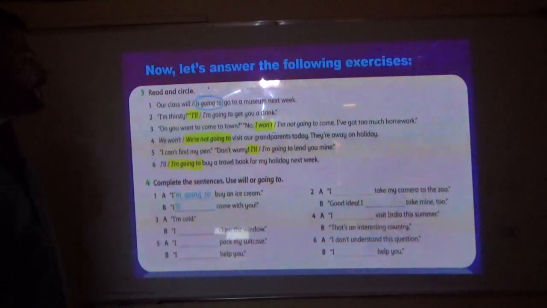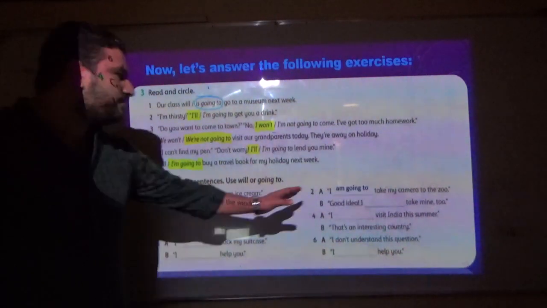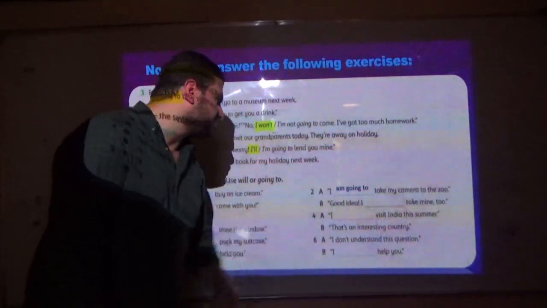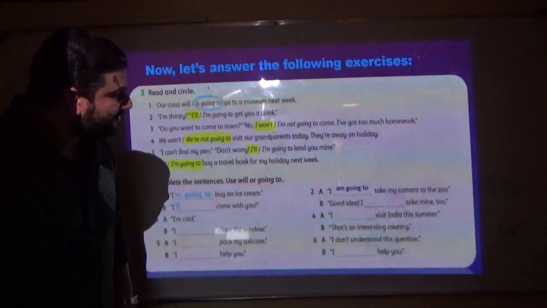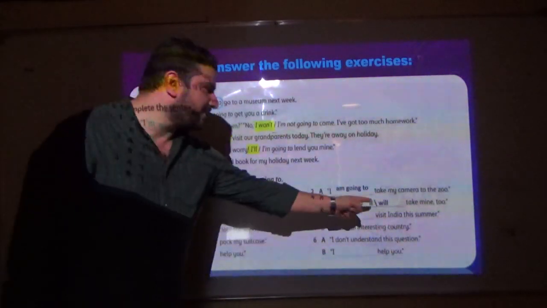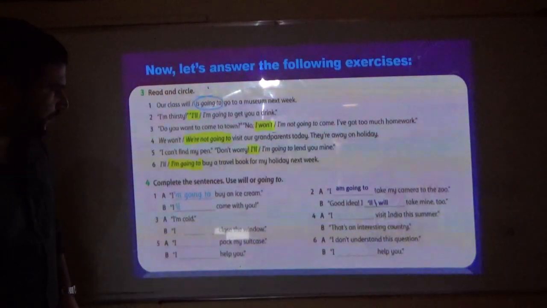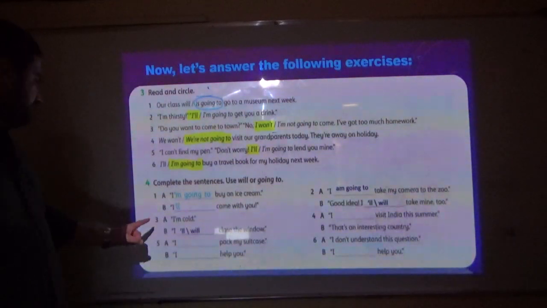So that, number 2, A, I am going to take my camera to the zoo. So this is a decision taken before the time we speak. Good idea. So I will or I'll take mine too. Number 3 first.